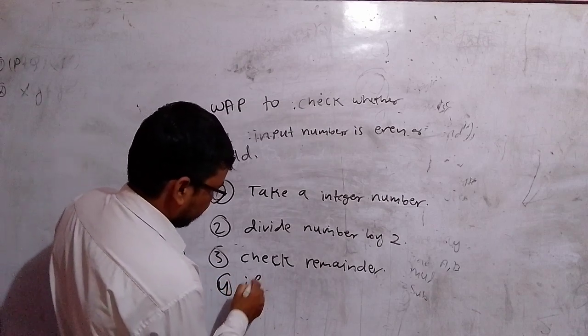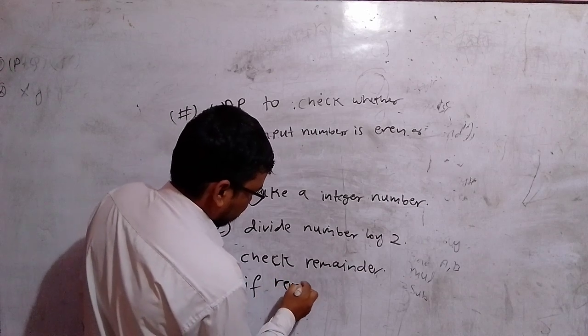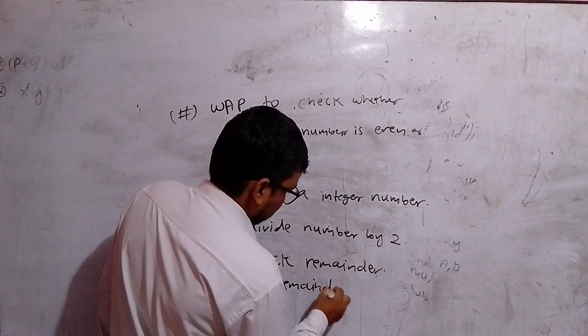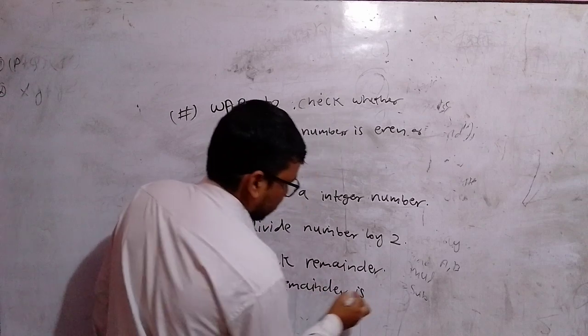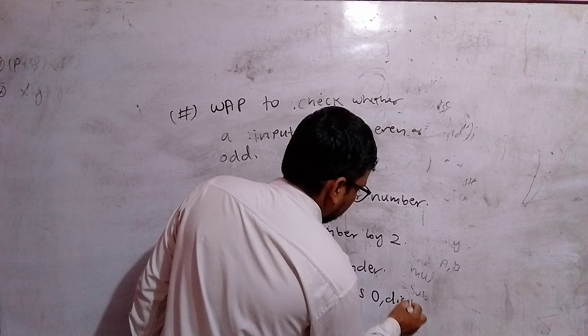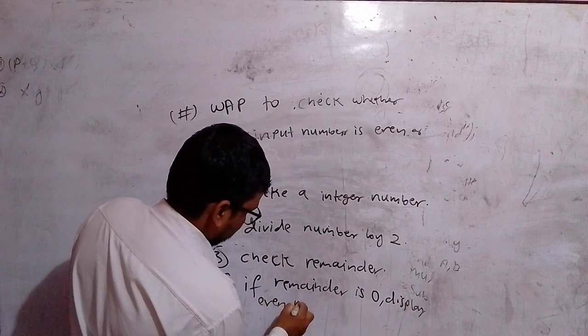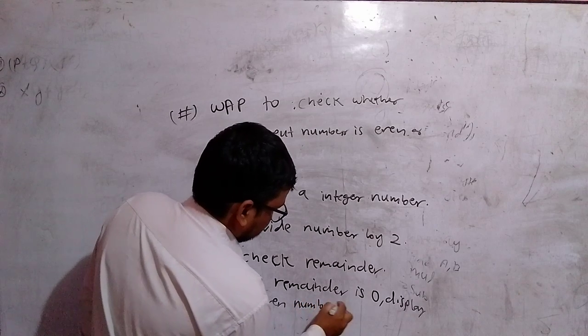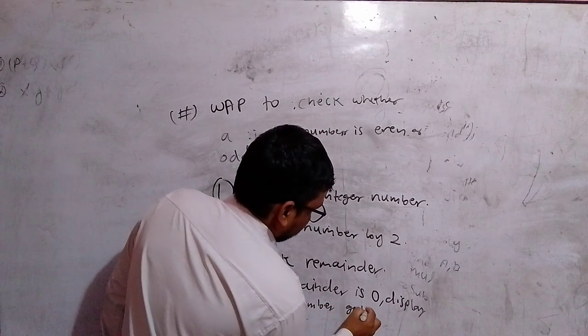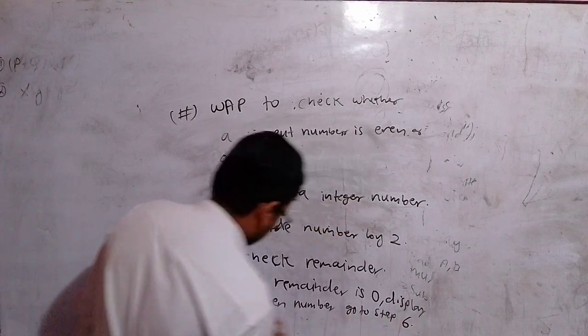Step 4: if the remainder is 0, display even number, go to step 6.